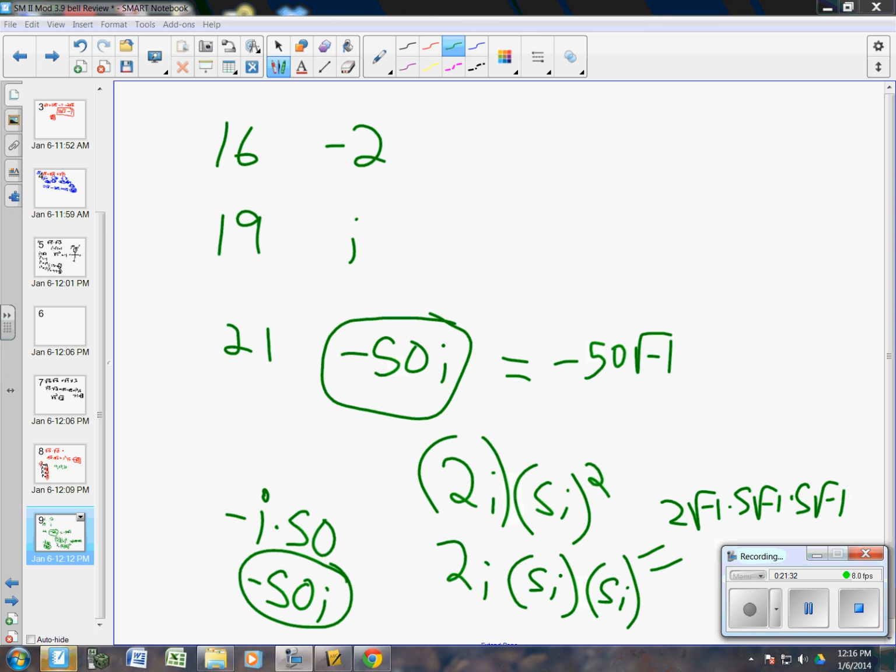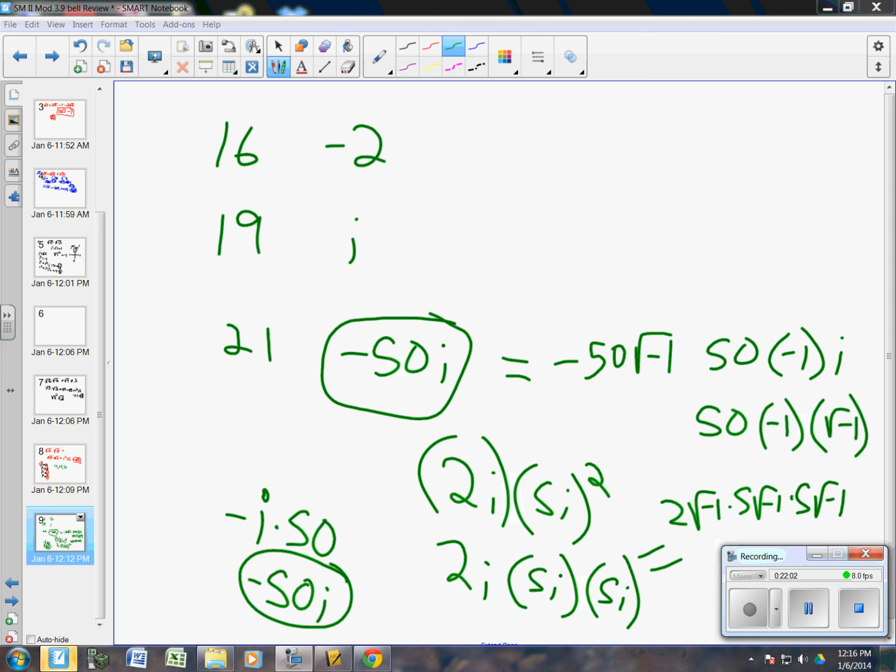2 times 5 times 5 is 50, right? You're multiplying the square root of negative 1 times the square root of negative 1 times the square root of negative 1. Well, we know the square root of negative 1 times the square root of negative 1 is negative 1, times the square root of negative 1, right? And the square root of negative 1 is i, so it's 50 times the negative 1 times i.